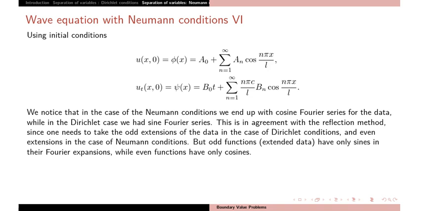Finally, to find these constants, use the initial conditions. When t equal to 0, the solution is phi of x, so just fit t equal to 0 in the previous formula. Second, differentiate that formula with respect to t, and then fit t equal to 0.